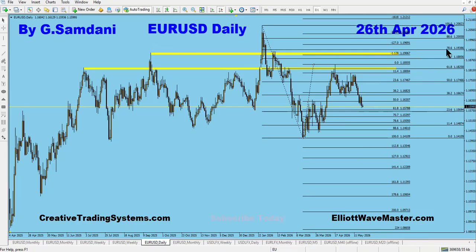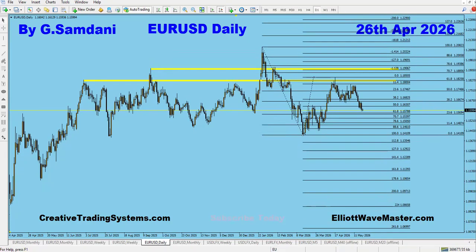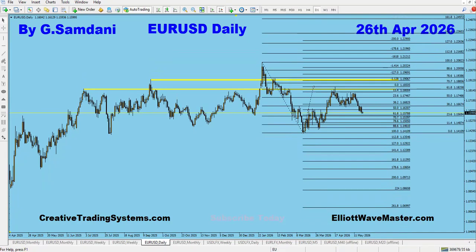And if this pattern is not finished, but failed, then we will continue to go to the upside for an extension like the 127 extension, right? And that would be into this area of this fib, right? So that would be like 61, drop to 23.